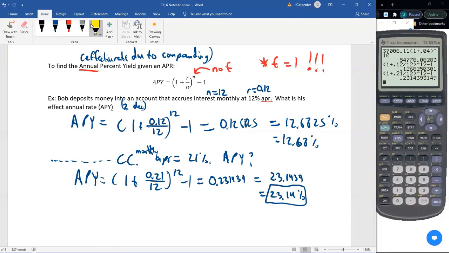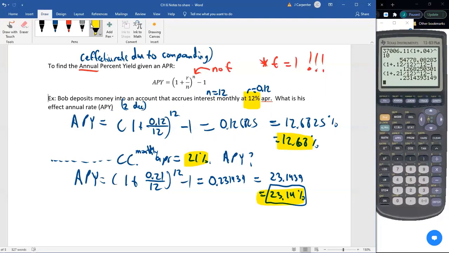So when you're talking about smaller APRs, like 12%, it turns into 12.68 effectively by compounding monthly. So we gain an extra 0.68%. Now, if we're depositing money, that's cool. Let's say this wasn't a credit card. Let's say this was another depositing problem. If you found a way to get a 21% account that compounded monthly, that effective annual rate is actually 23%.